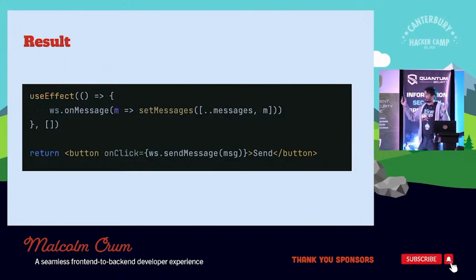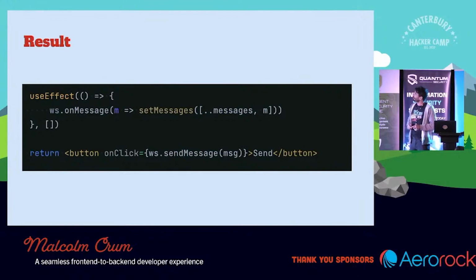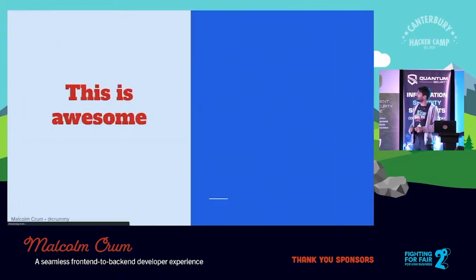But the result of all this is a very nice, clear, easy to use interface for your front end. You can call methods on the button on click there, and then you can register a callback for any events that come in from the server.